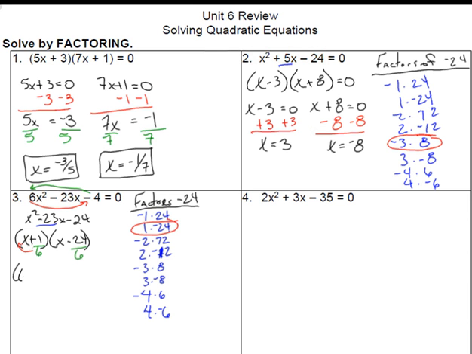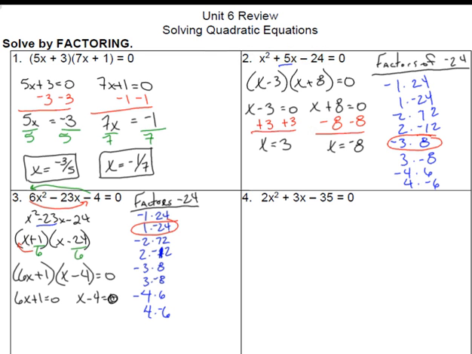So I have 6x plus 1. 6 does go into 24 evenly, so it's going to be x minus 4, and this is equal to 0. At this point, set each factor: 6x plus 1 equals 0, x minus 4 equals 0, and solve.